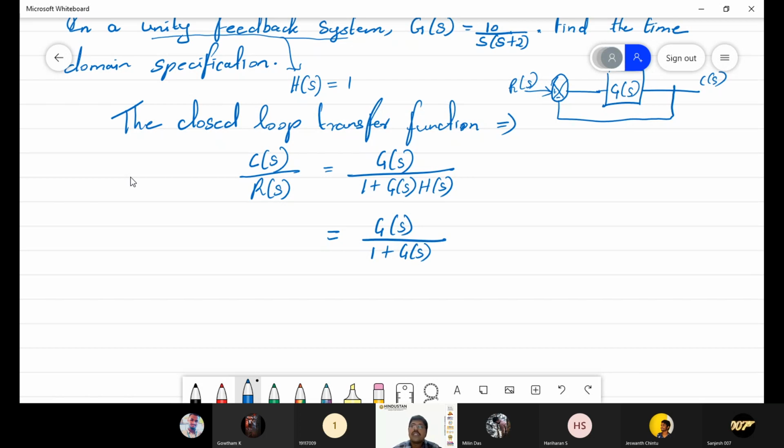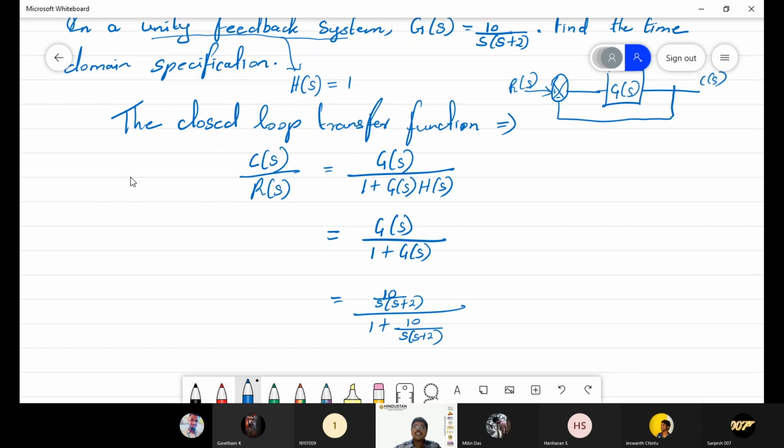Now I am going to substitute the value of G(s), since it is given in the problem: G(s) equal to 10 divided by s into (s plus 2). So we substitute 10 divided by s into (s plus 2), divided by 1 plus 10 divided by s into (s plus 2).